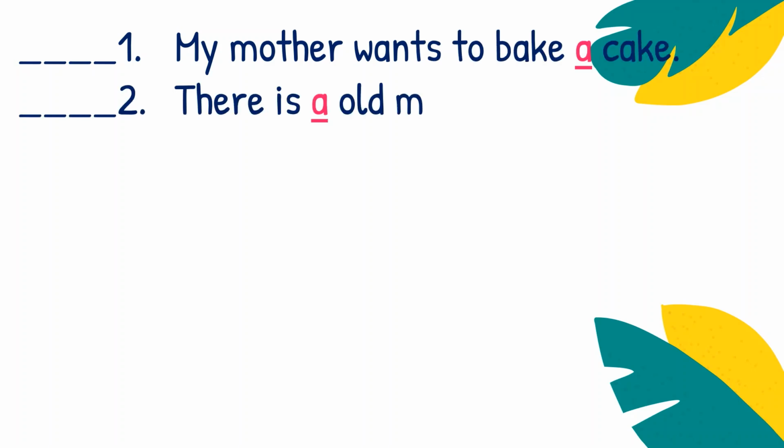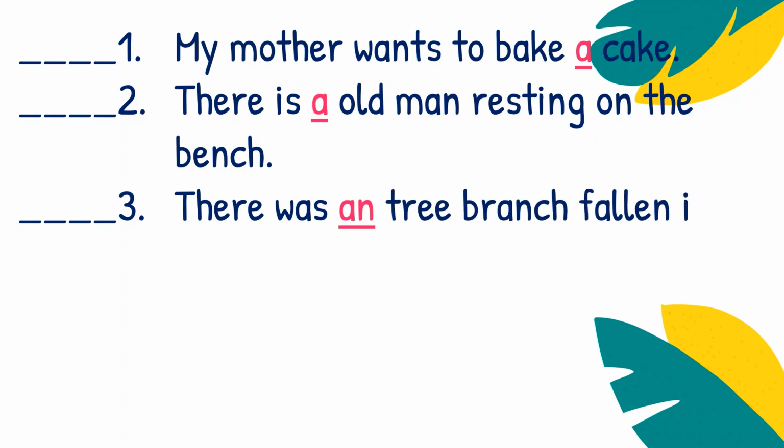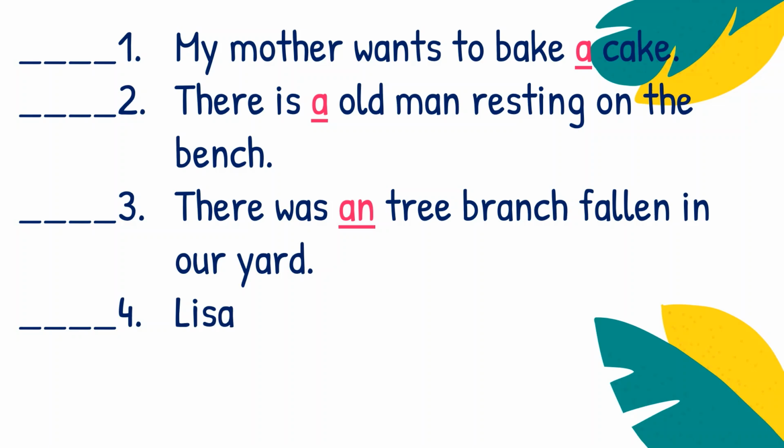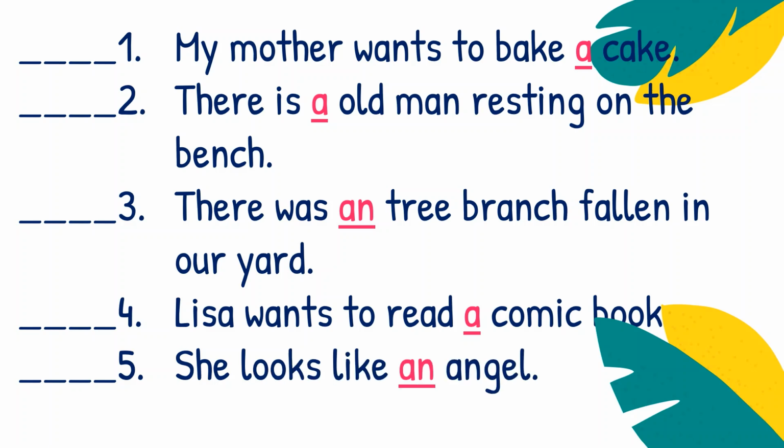Number 2, there is an old man resting on the bench. Number 3, there was a tree branch fallen in our yard. Number 4, Lisa wants to read a comic book. And number 5, she looks like an angel.